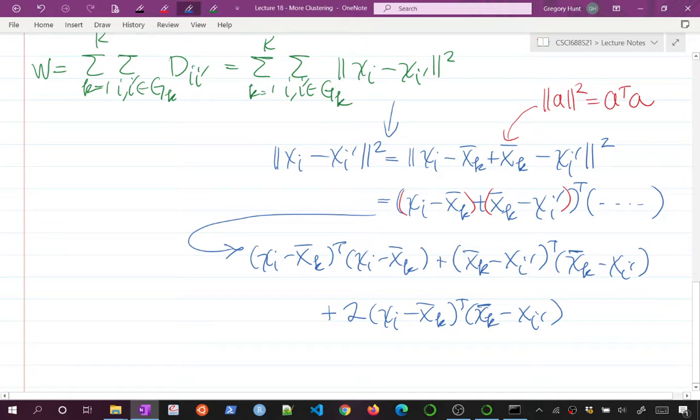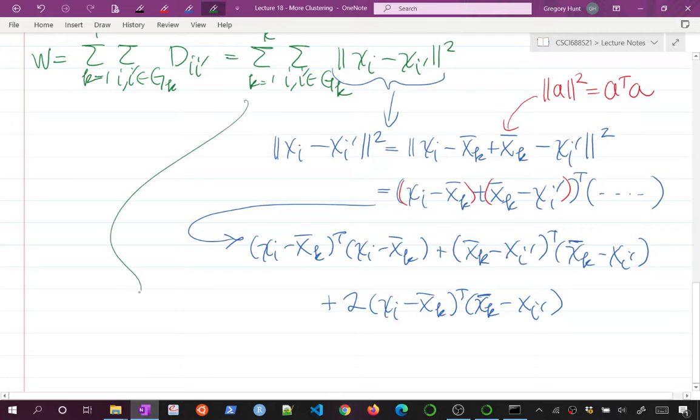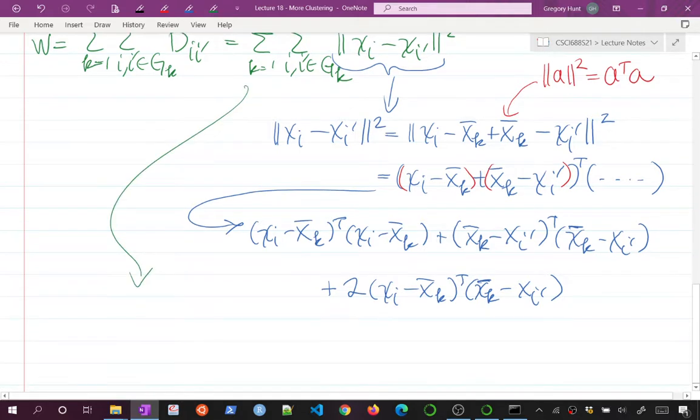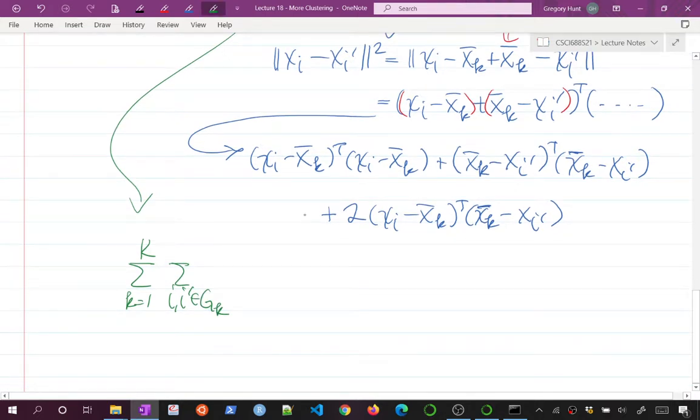So this is a really classic trick to do this kind of thing in statistics. And if I bring this whole thing down, remember we're summing over a bunch of things. We're summing over k, 1 to K, and then we're summing over all pairs I, I prime in my group. And if I plug this in here, I can actually distribute the sum across.